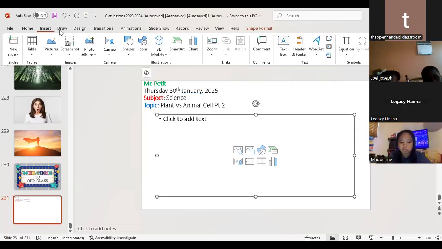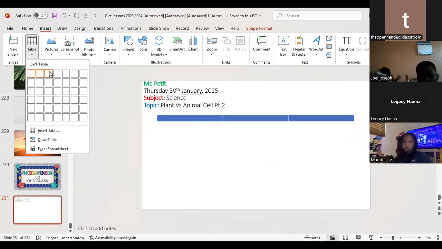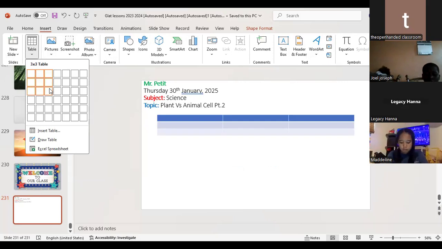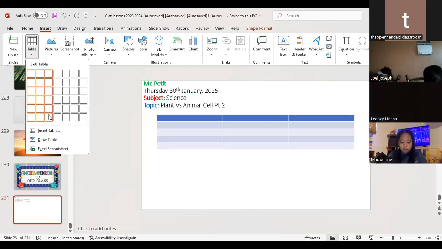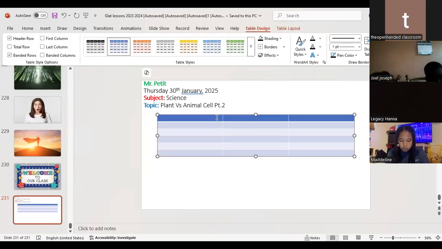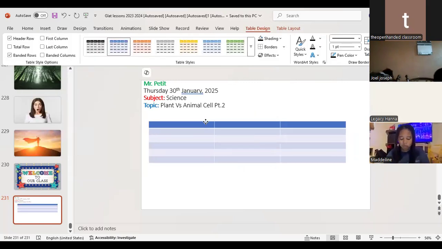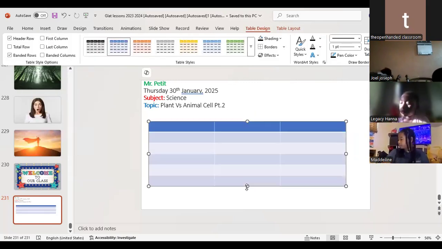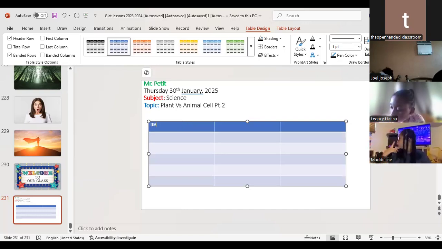All right, so we have insert. Let's create a table. Three columns and six rows. Now we're gonna summarize what we know about the plant cell and animal cell. So first, let's start off with the features.